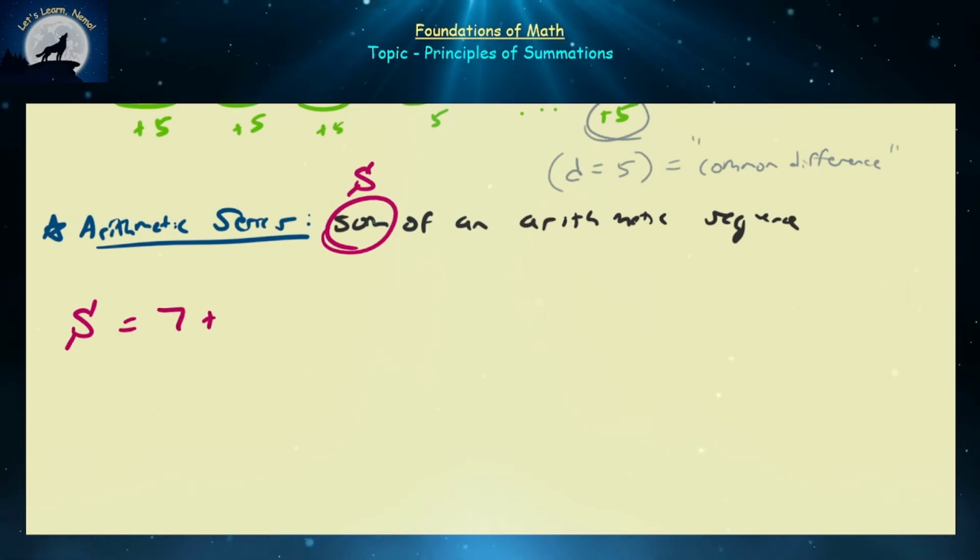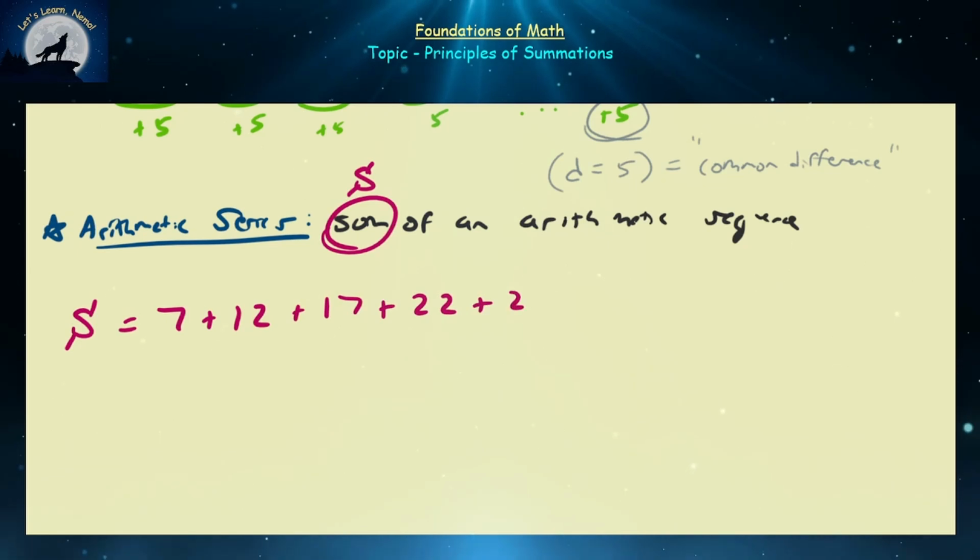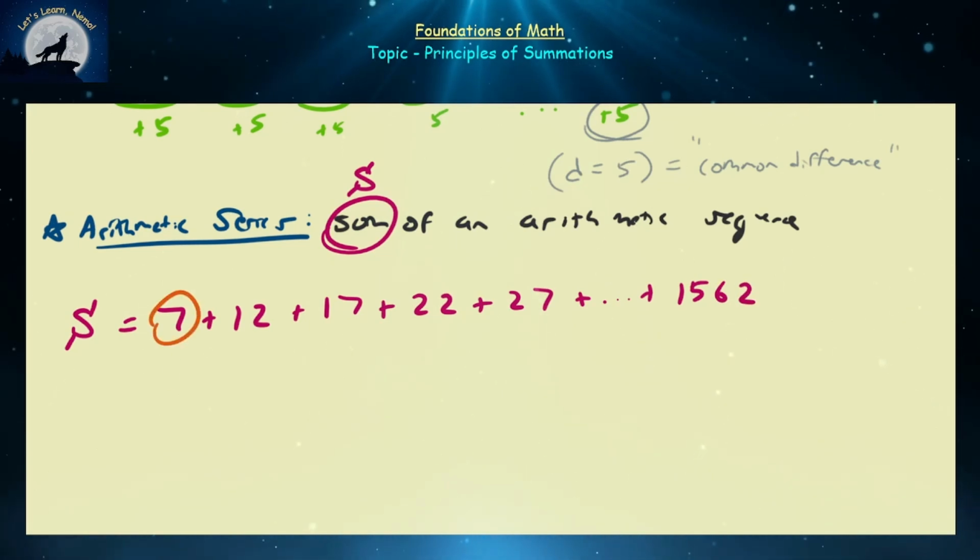So this is going to be 7 plus 12 plus 17 plus 22 plus 27, all the way down to, let's assume we stop at 1562 again. So this obviously is the first term of the series, which I'm going to call A0, which is technically also the first term of the arithmetic sequence.